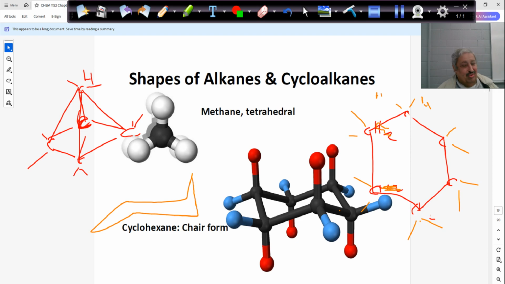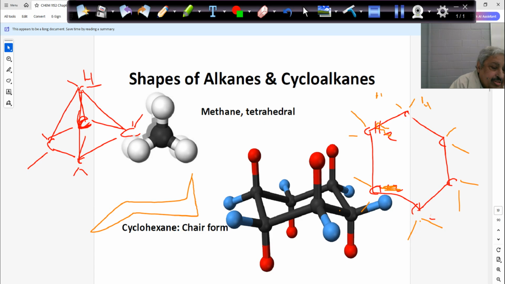To me it's more of a sofa than a chair, but we call it a chair type of geometry, a chair type or a sofa type of geometry, correct? So those cycloalkanes, especially one like cyclohexane, have a sofa or chair type of geometry.